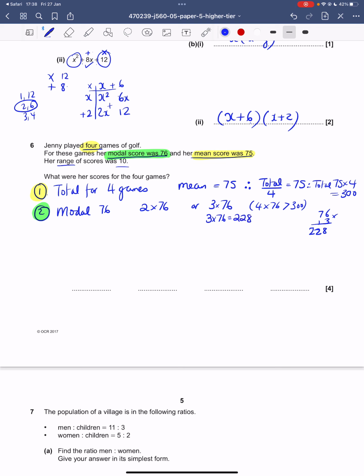And that would give the last score to make it up to 300. 300 take away 228 is 72. And that doesn't have a range of 10 because you'd have 3 76s and a 72, and then the range would be 4. So it's not that one. So we've definitely got 2 76s.